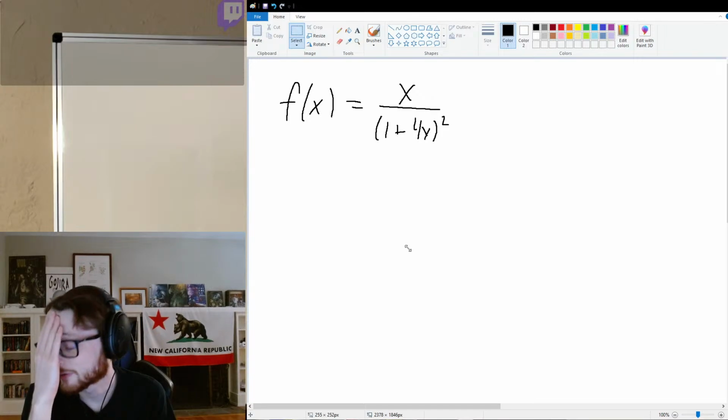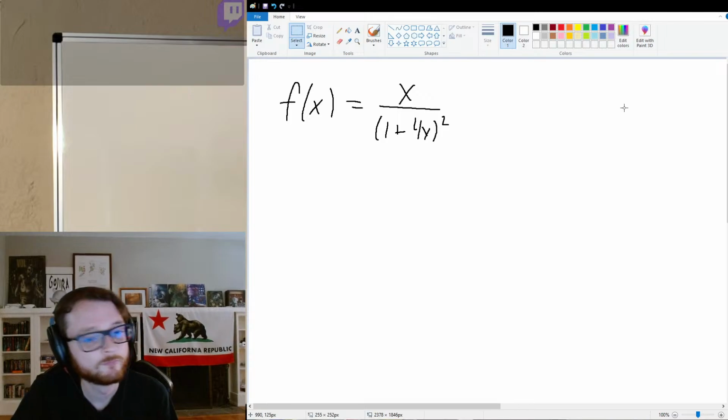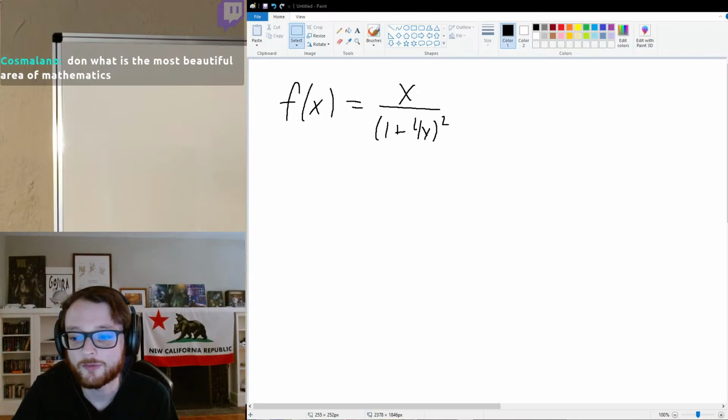How does this work? Most beautiful area of math. I found an example problem.